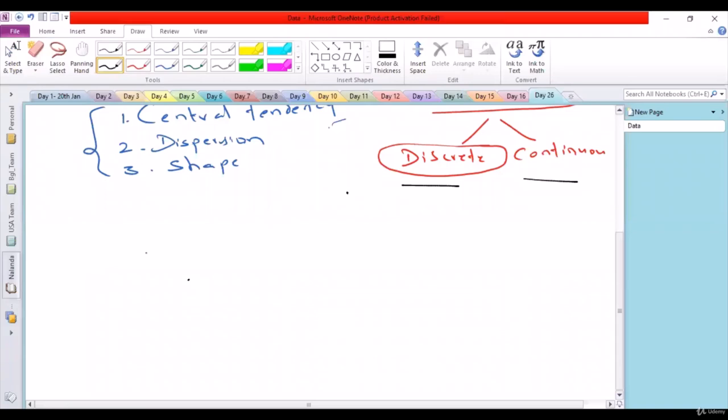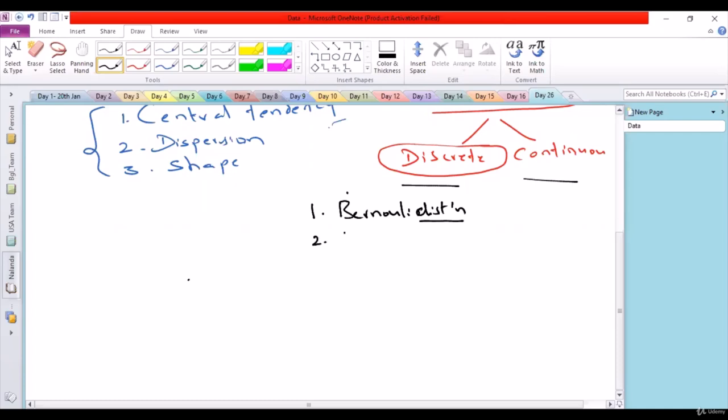So as part of that, these are the various data distributions that we'll be focusing on. First one, as part of the discrete, Bernoulli distribution, or I can call it as Bernoulli random variable.